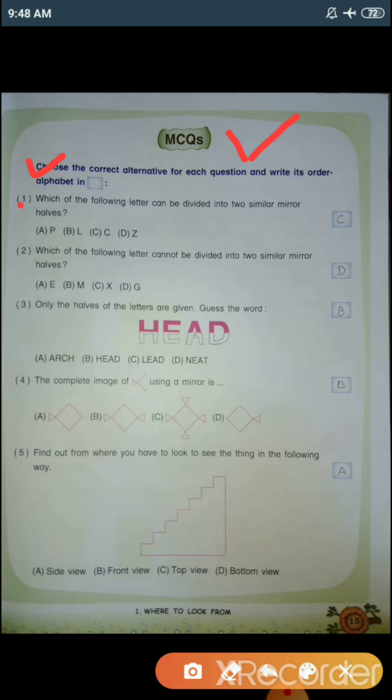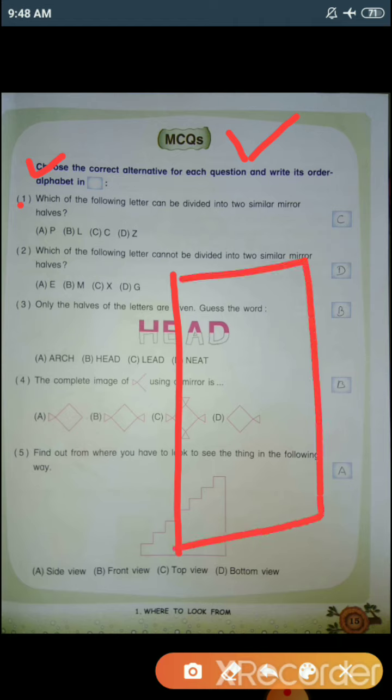First of all, what do you mean by mirror half? Suppose this is a mirror given here and I have drawn A here. Now in the mirror you can see the A like this. It is called mirror halves.